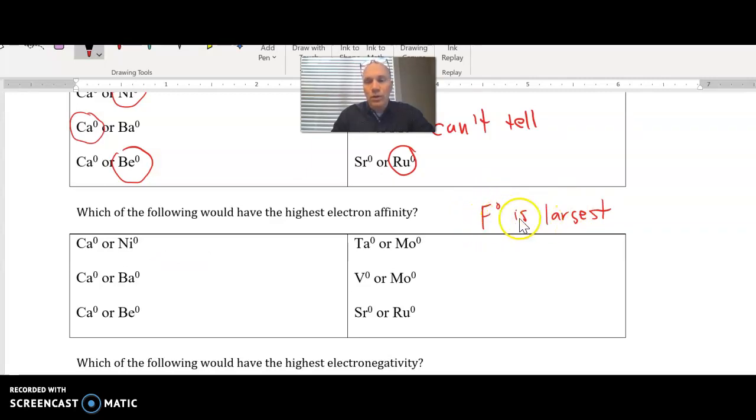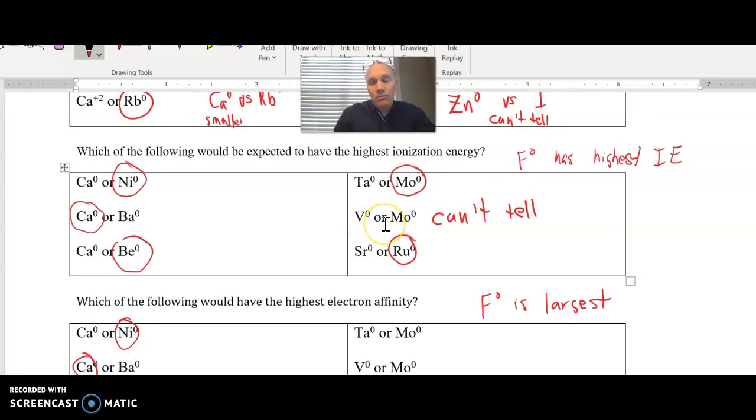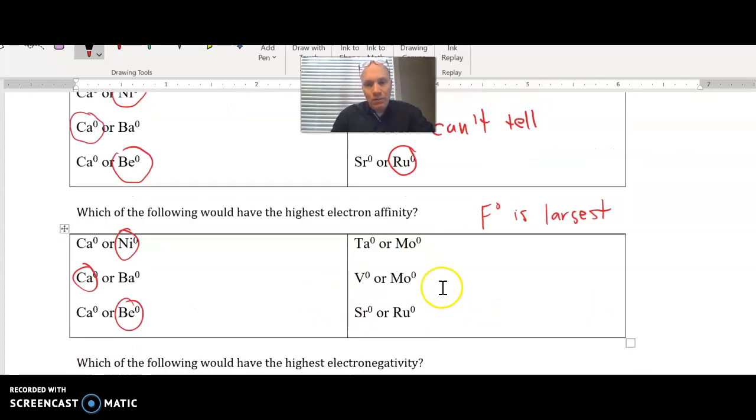Neutral fluorine has the largest electron affinity, and so all of the answers from the previous set would be the same. All right, because it would all just be in relation to what is in the, anything that goes up gets bigger. Anything that goes towards fluorine would get bigger. All right, so this one here again, can't tell, and here that would be larger.